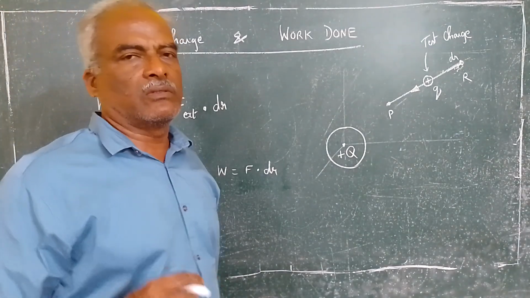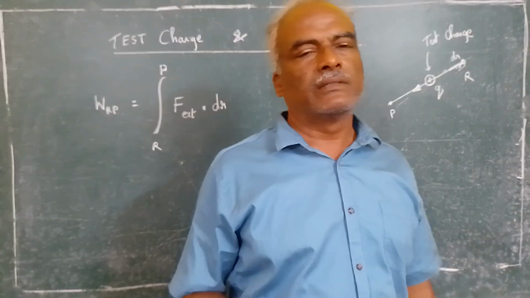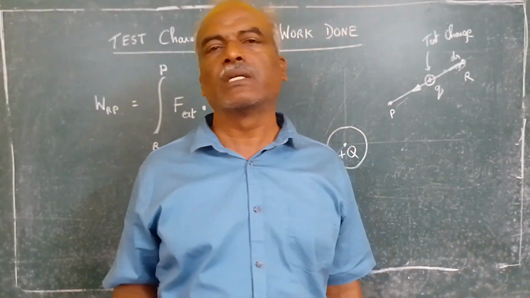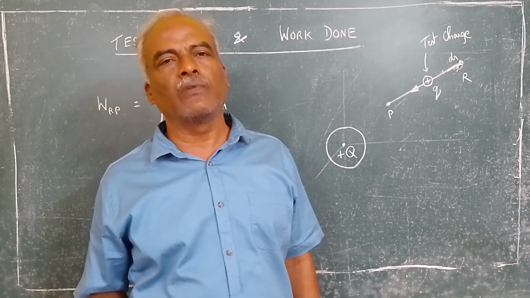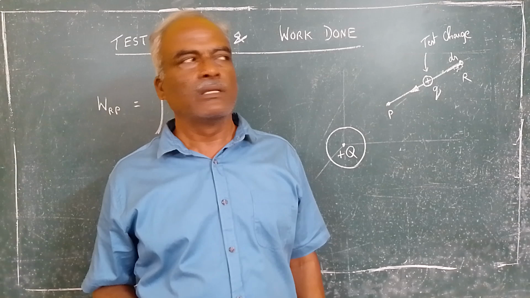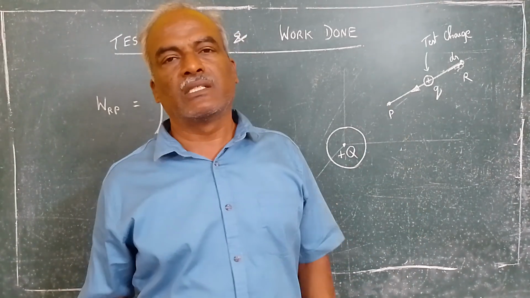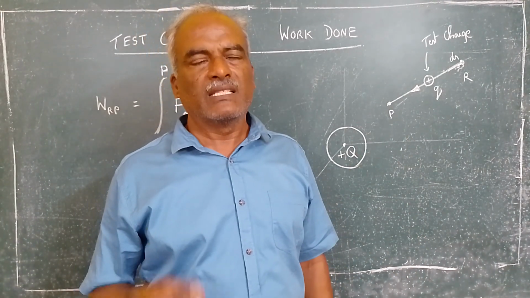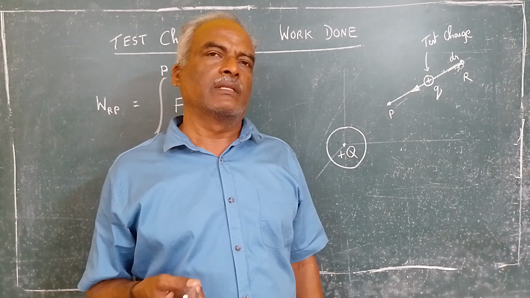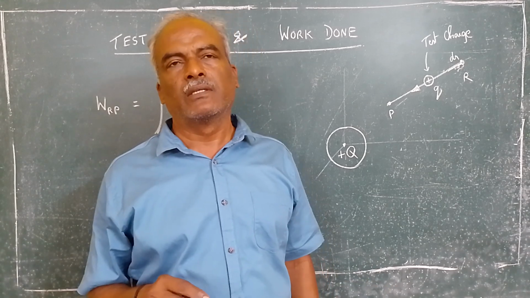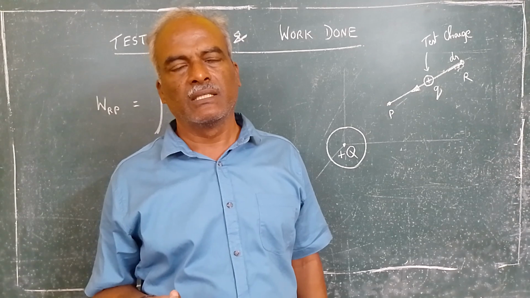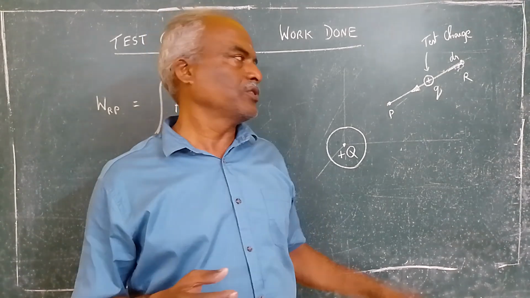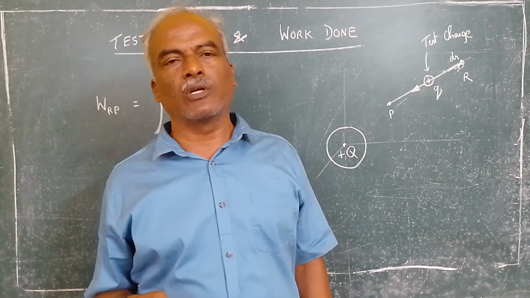Hope you have understood the concept behind test charge and how work done is found out in an electric field region because of two charges. Generally a test charge has the property that it will not affect the electric field produced because of some other charges, and the position of this plus Q is not altered.